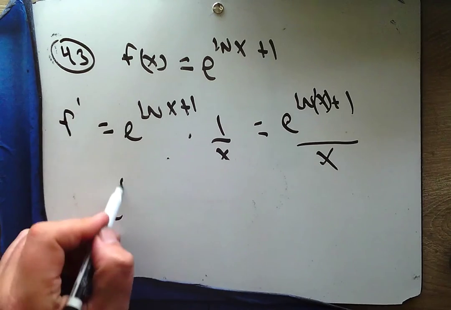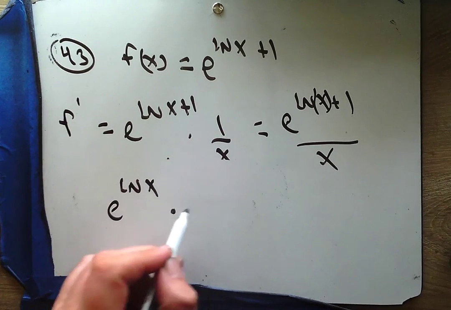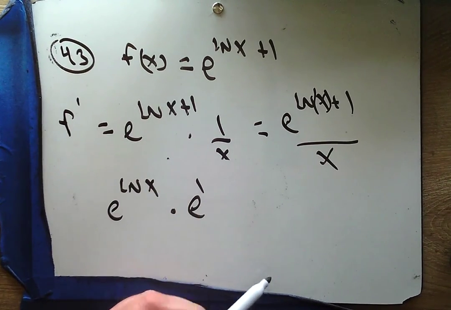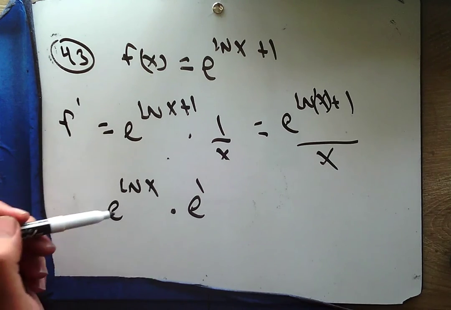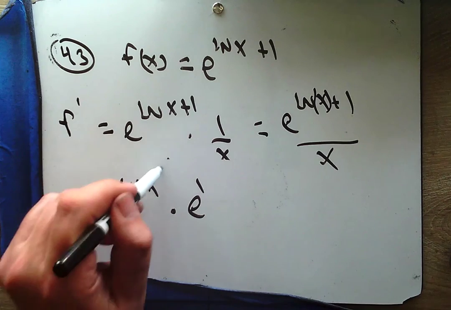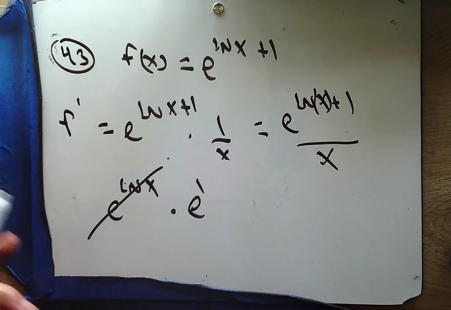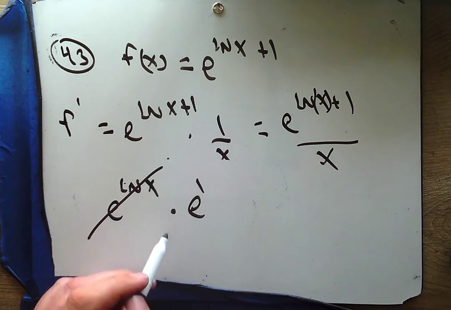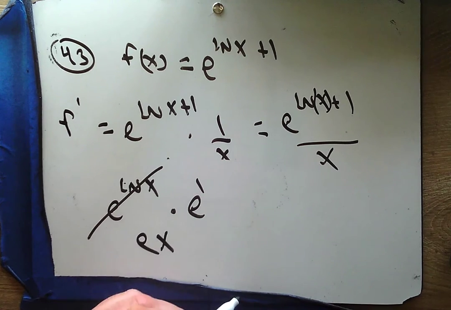Okay, so that's going to be e to the ln of x times e to the 1. Now, why did I want to do that? Well, e raised to the power of log base e cancel each other out. And so I have x times e.